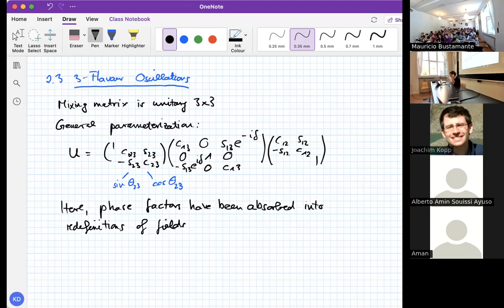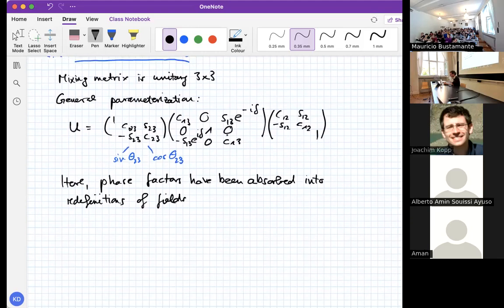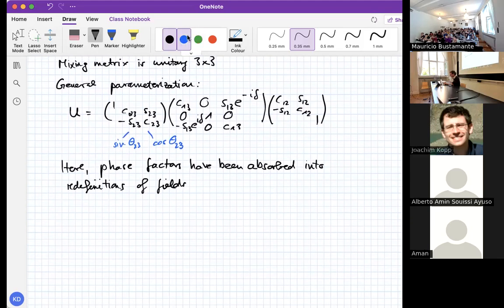So if you just from a mathematical point of view write down a general 3x3 unitary matrix, of course you have more than 4 parameters, but because of physics you can absorb lots of complex phases into redefinitions of your fields, and only one complex phase remains. So I'm not going to say more about this here because I really want to get started with neutrino oscillations in matter, because we'll need that for the exercises.